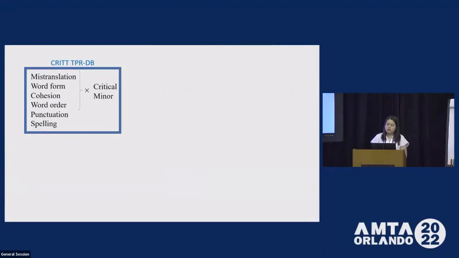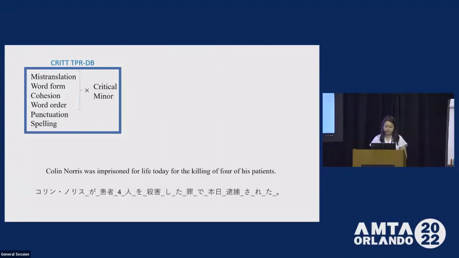So for the dependent variable, I manually annotated errors according to TPRDB's annotation schema and counted errors in my dataset. In this presentation, however, I am only concerned with the number of errors, and this is how I counted. For example, a participant translated this English sentence into Japanese like this. I annotated the verb at the end as a mistranslation because it means arrested.